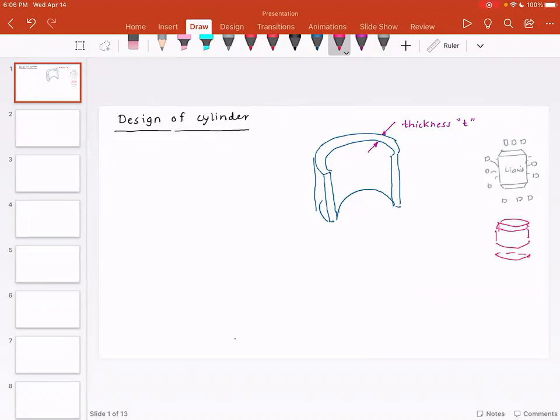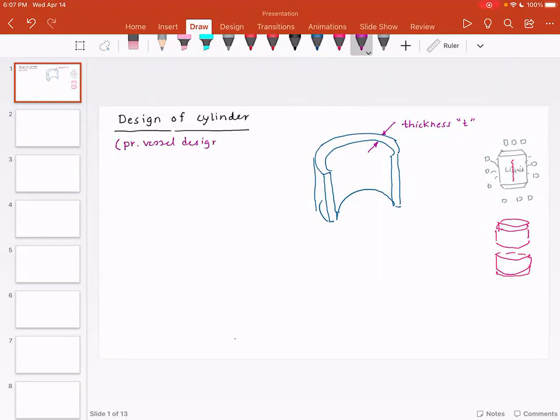This is one potential failure. And the second failure is basically you see a crack in the longitudinal direction. So these are two different types of stresses that are possible. Most likely, you will observe the crack that runs along the longitudinal direction. So the failure of a cylindrical object that is pressurized is considered as pressure vessel design.